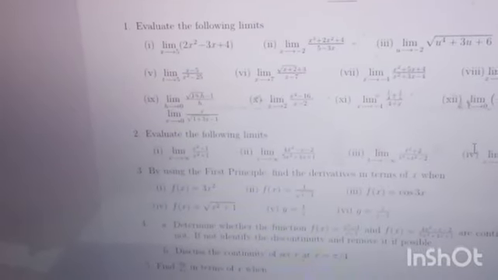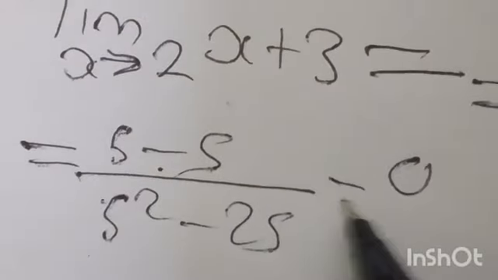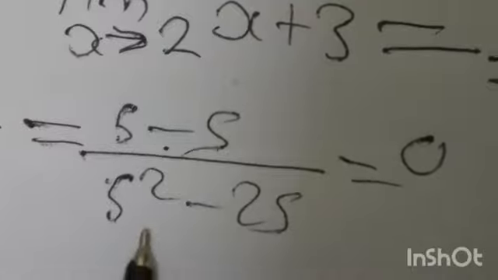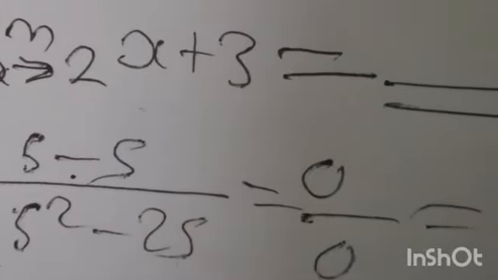For limits, let's just try to answer it the direct way. Since x approaches 5, you put a 5 here: 5 minus 5 over 5 squared minus 25. 5 minus 5 is 0. 5 squared is 25, and 25 minus 25 is 0. The answer is giving us undefined.